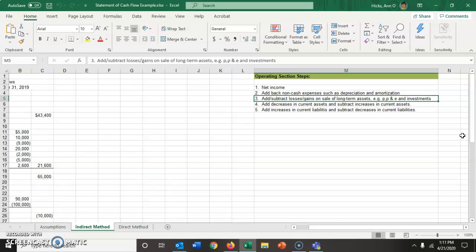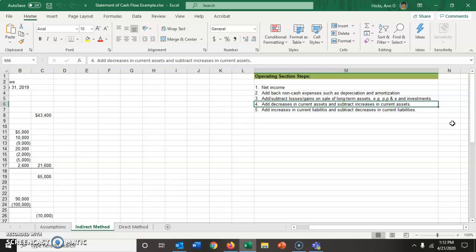Conversely, a gain, which would have increased net income, we would subtract from net income on the statement of cash flows. Okay. Then the next thing we're going to do is take a look at our current assets. Any current assets that decreased, we will add that back. Let's think about receivables, accounts receivable.